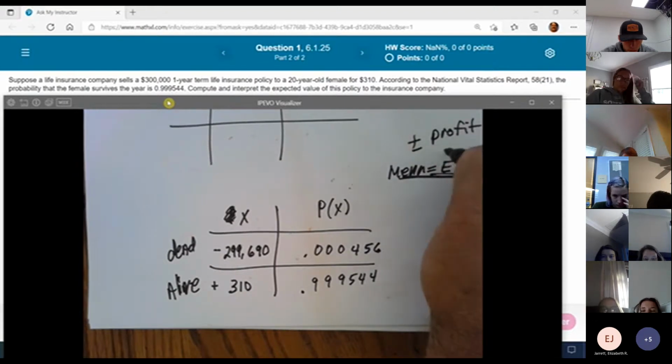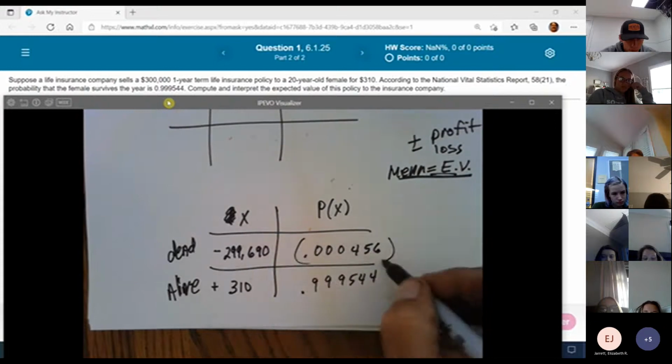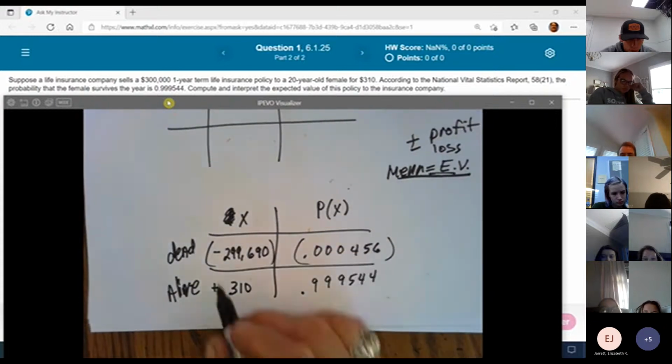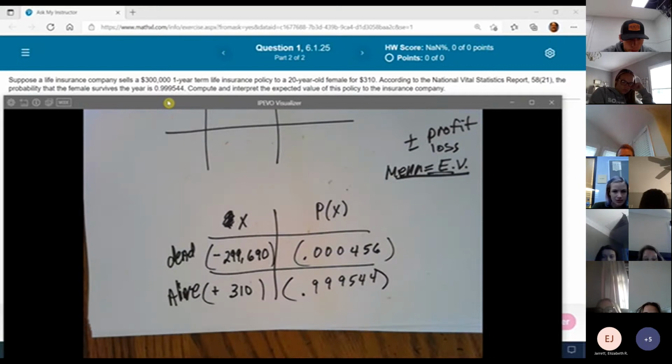If the expected value is negative, you got a loss. So to find the mean, you take X times P of X and add it to X times P of X. So these two multiplied together plus these two multiplied together. We will do that on the calculator.